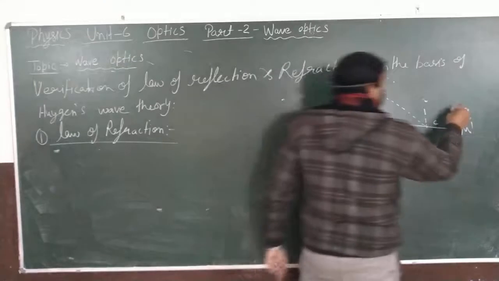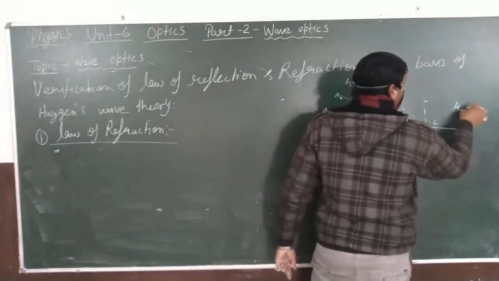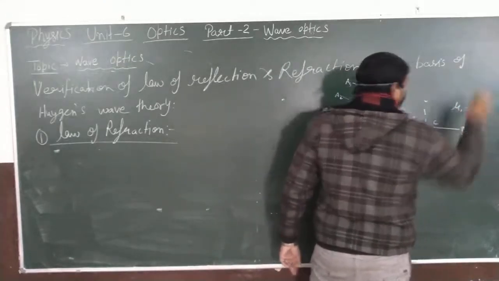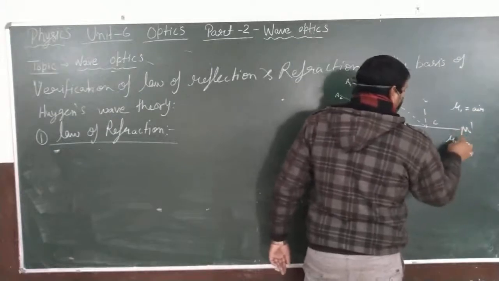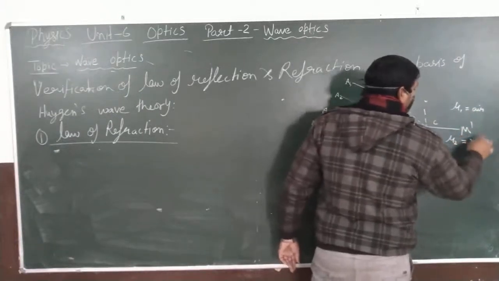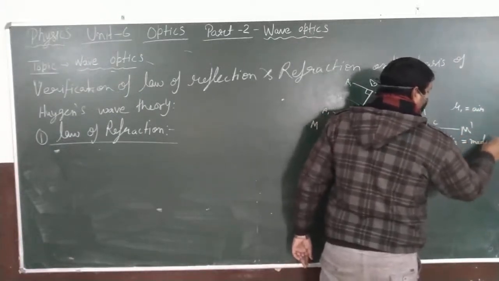Suppose this is the first medium of refractive index 1, called air, and this is the second medium of refractive index 2, any medium.